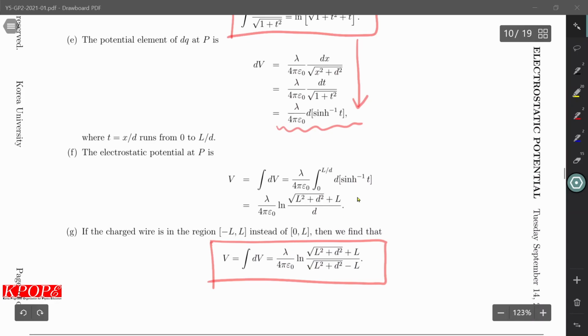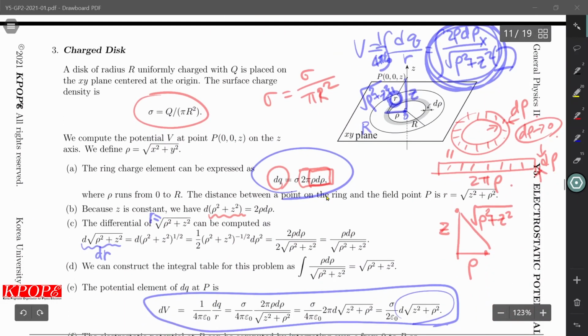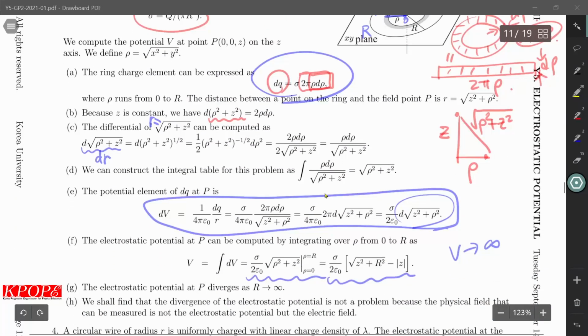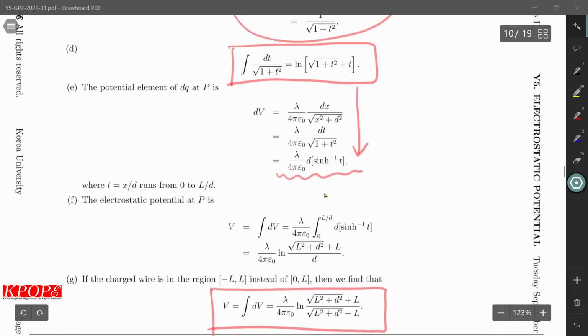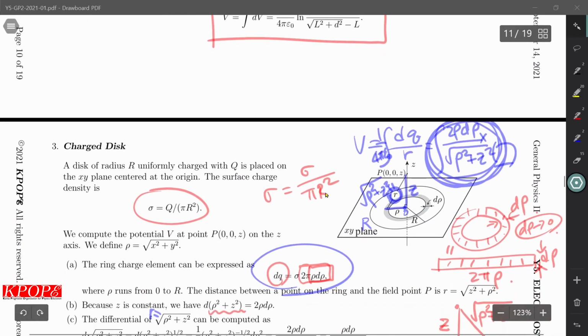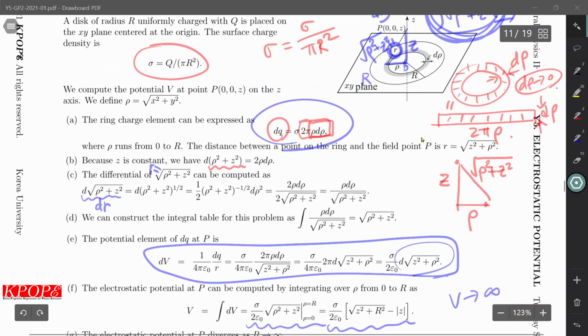This integral is quite useful. Arcsine hyperbolic. This integral is universally used to find the charge distribution over space, especially for the linear charge distribution, but it can also be used for the surface charge distribution.